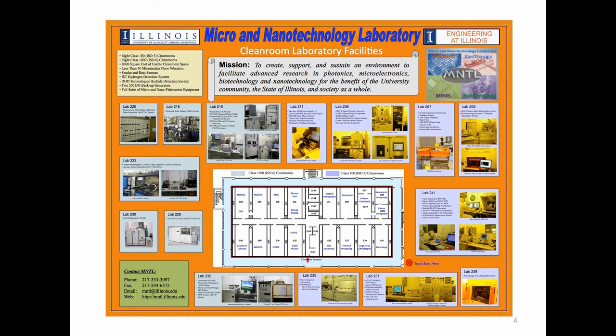Here at MNTL, the cleanroom is broken into 2 areas, a Class 100 cleanroom and a Class 1000 cleanroom. A Class 100 cleanroom is defined as the air has less than 100 particles that are half a micron in dimension per cubic foot.